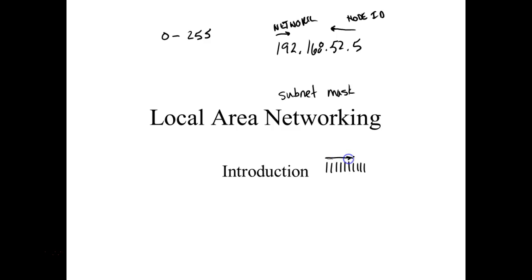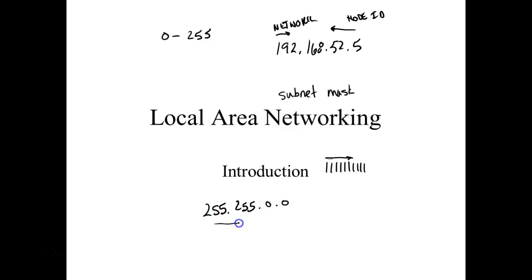So the ones indicate it's the network ID, and zeros indicate it's the node ID. So if I come up here and I say 255.255, so you gotta use solid ones. This is pretty easy. And then I put .0.0.